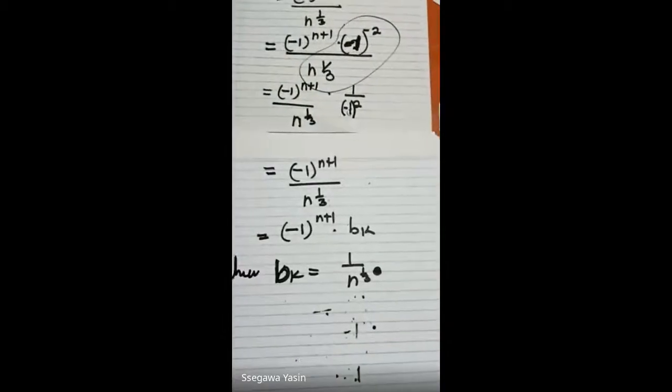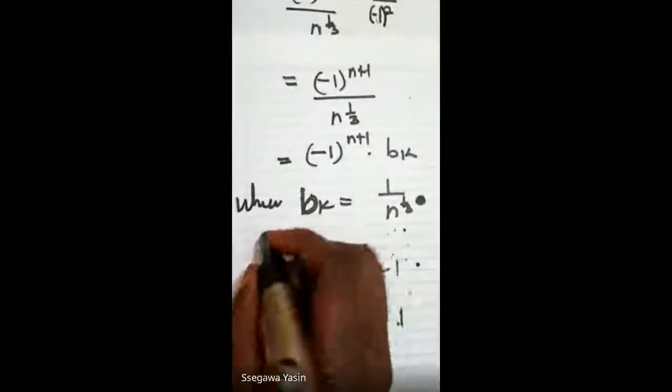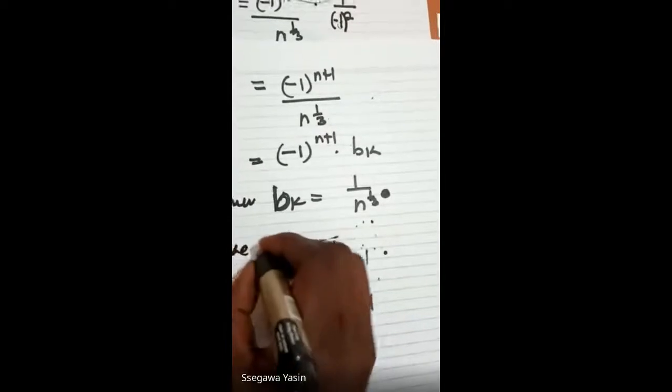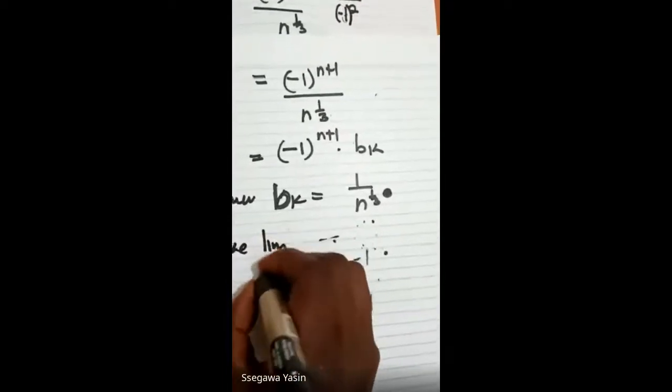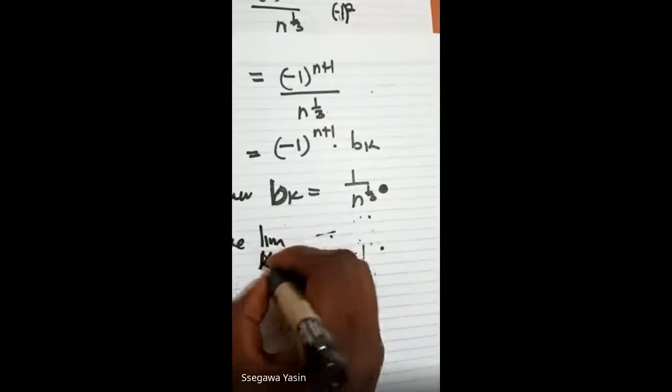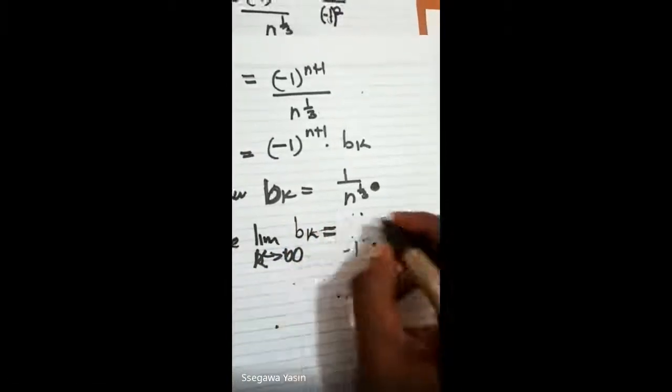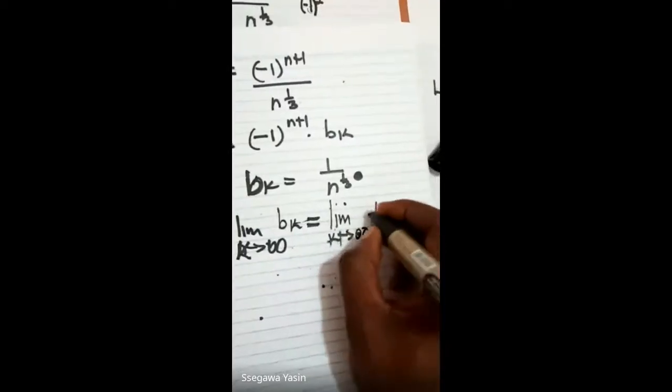So when you try to check out now, please, can you get me the answer? Remember we said after getting b, you take a limit as k goes to infinity of b_k. What do we get? Please, can you try to look around?